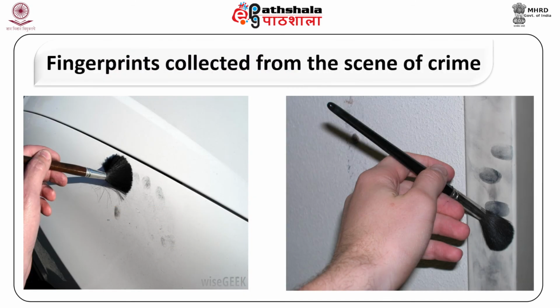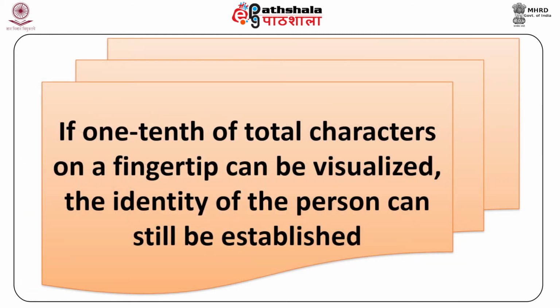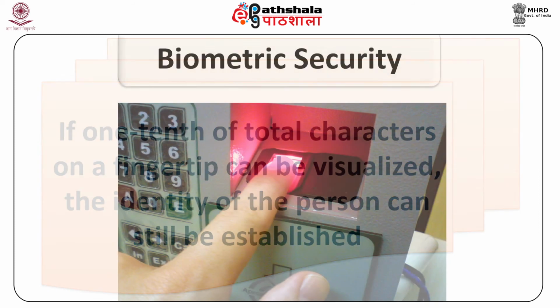This means that if the placement of 8 characteristics in a fingerprint lifted from a crime scene matches with the inked fingerprint of a person, then the latter is the accused. Thus, even 1/10 of the total characters on a fingertip can be visualized, and the identity of the person can still be established.